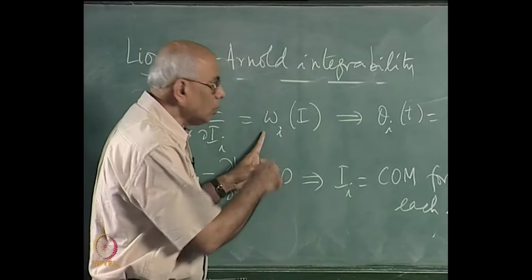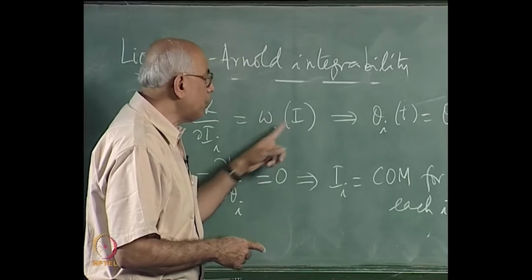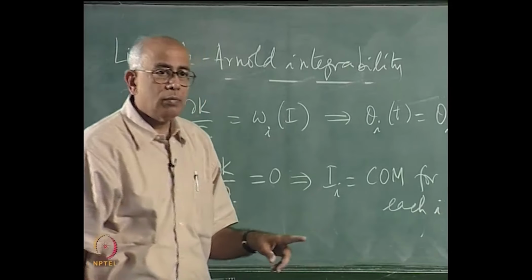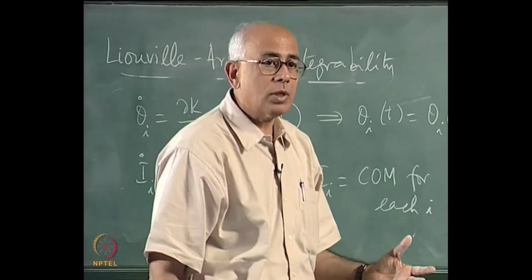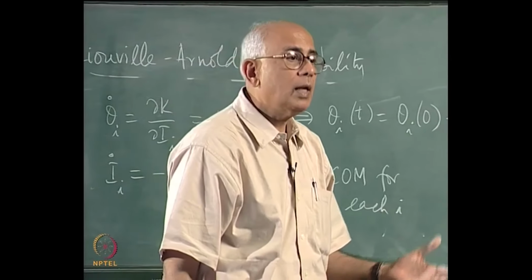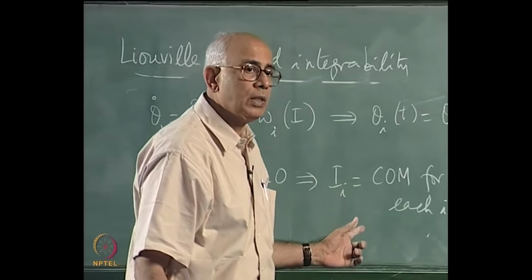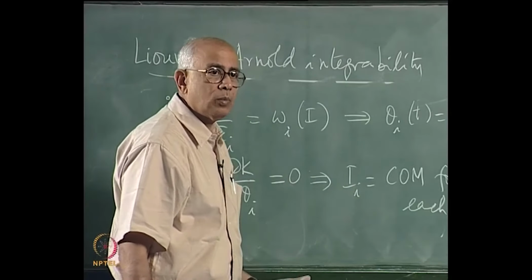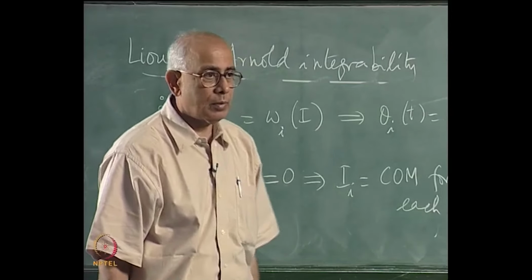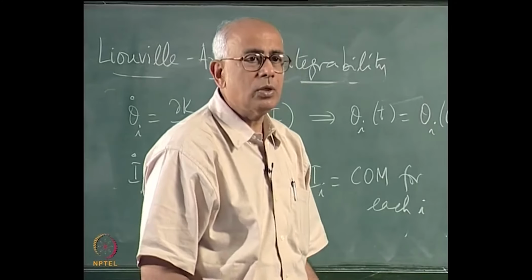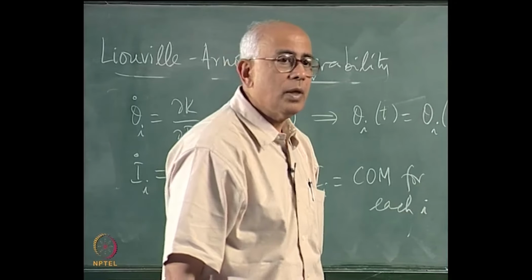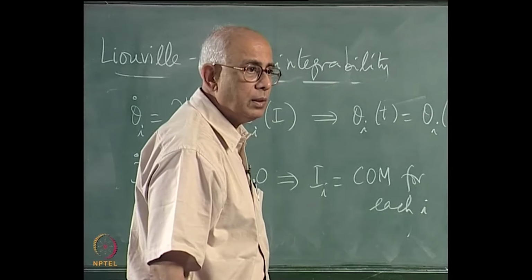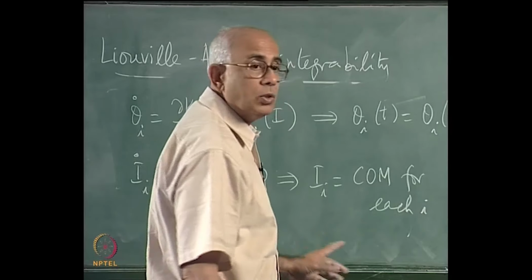But the important thing to note is that these omegas depend on these constants of the motion, and therefore if you have different constants, if you start with different initial conditions, then in general the characteristic frequencies of the system also change. This is a feature which is not present in the harmonic oscillator or linear problems of this kind, where the frequencies are given to you right in the beginning. Here the frequencies are energy dependent, they are initial condition dependent in general, but the motion is completely solved for.